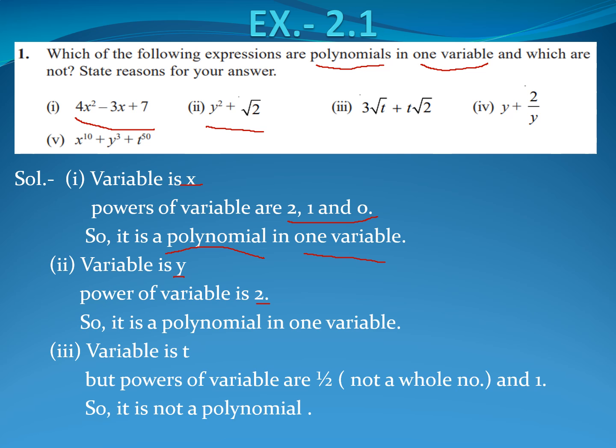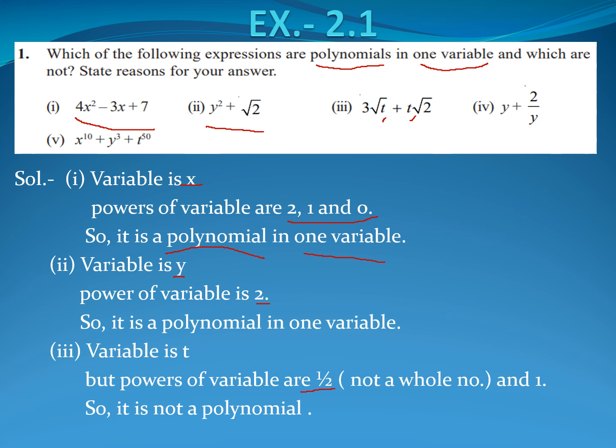The third part is 3 under root t plus t under root 2. Here the variable is t, that means only one variable. Now we will find the power of the variable. It is written square root of t, and square root of t means t raised to the power 1 by 2.